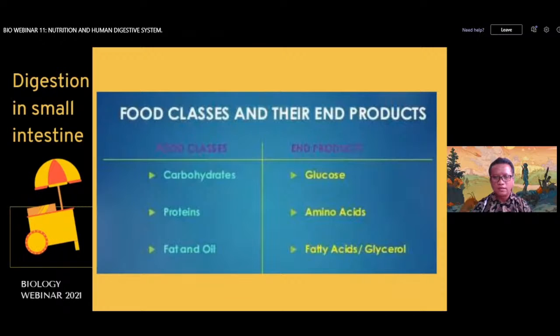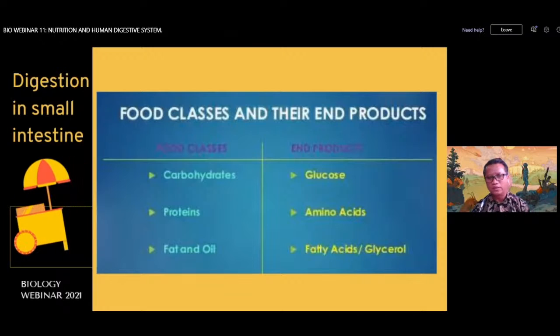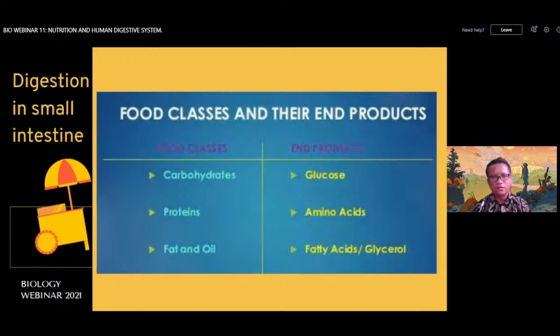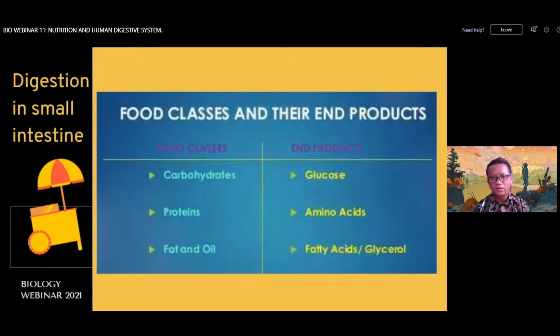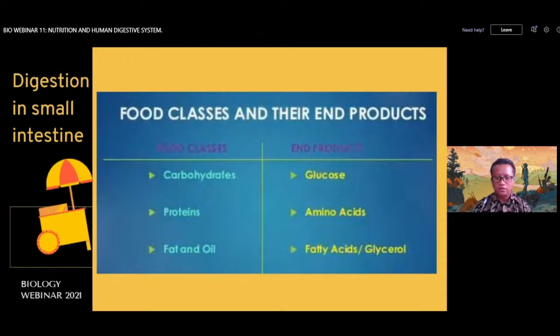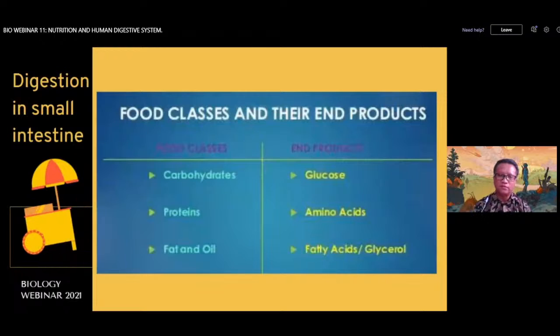So finally, before entering the long structure of small intestine, the carbohydrate is now digested into glucose, protein into amino acids, while the fat and the oil is now in the form of fatty acids and glycerol.